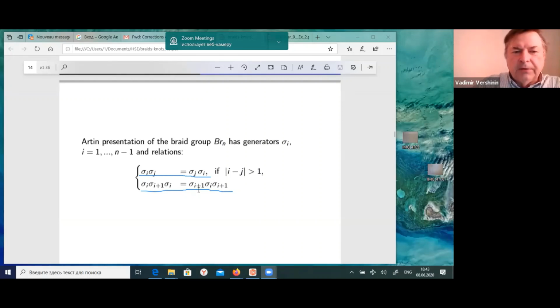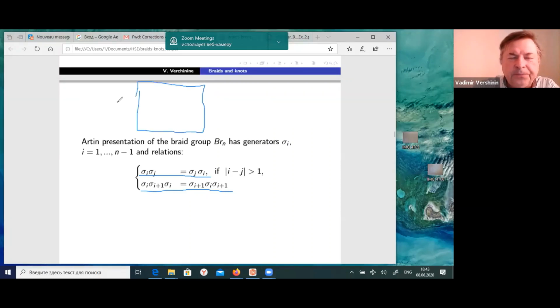The fact that these generators generate the group is simpler than if you just consider an arbitrary braid. Suppose that you have an arbitrary braid, then you should move it.